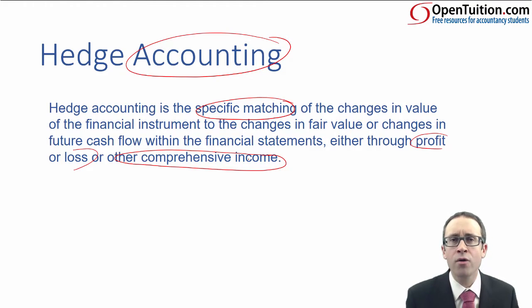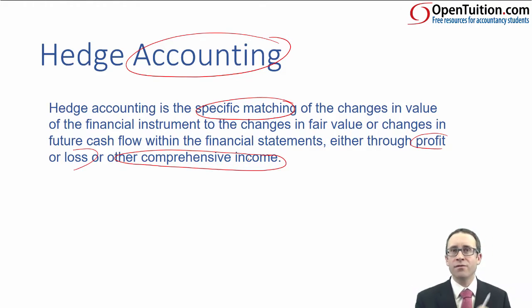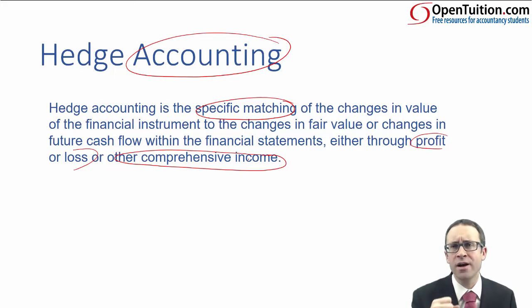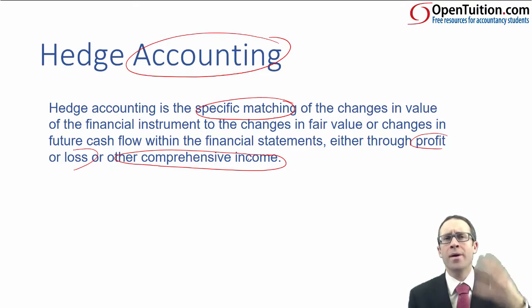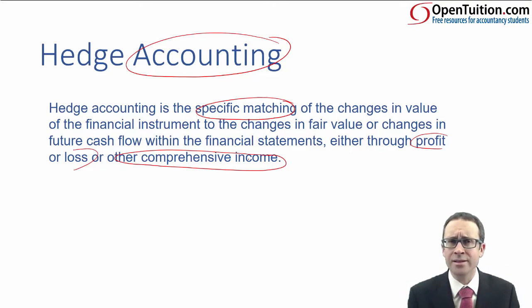Other bits that come to mind. Derivatives. How do we go through there and recognise the change in fair value of a derivative? Excellent, you've remembered something. Brilliant. The change in fair value of a derivative goes through profit or loss. It does if it's just a derivative purely for speculative purposes. So you've just entered into a future just as a bit of a bet to hope that you will make lots of money, you'll make lots of gains.